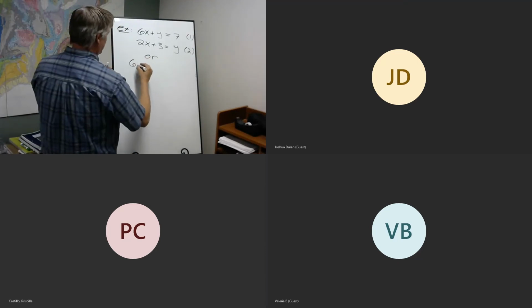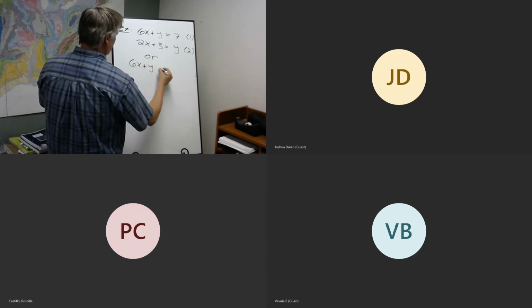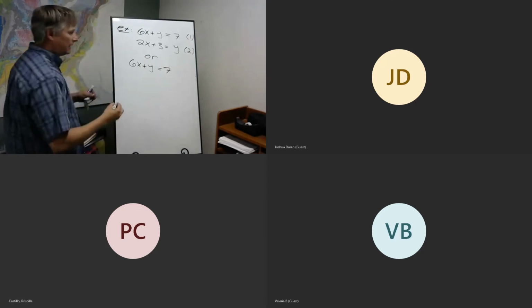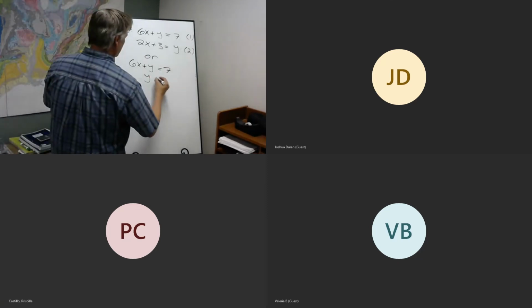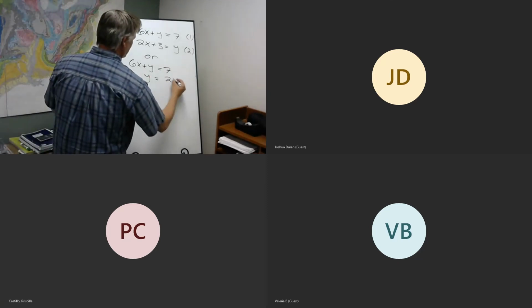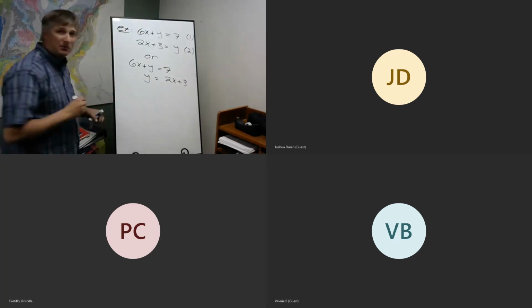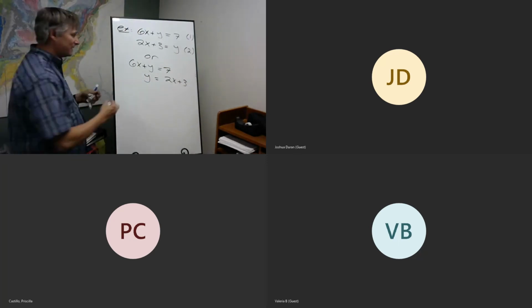We could have taken 6x plus y equals 7, and then have y equals 2x plus 3, and then add these together.